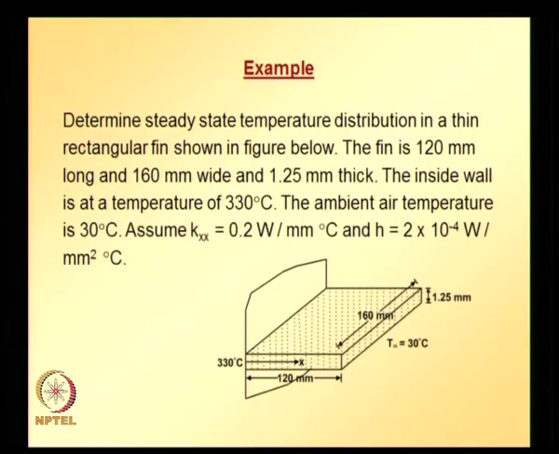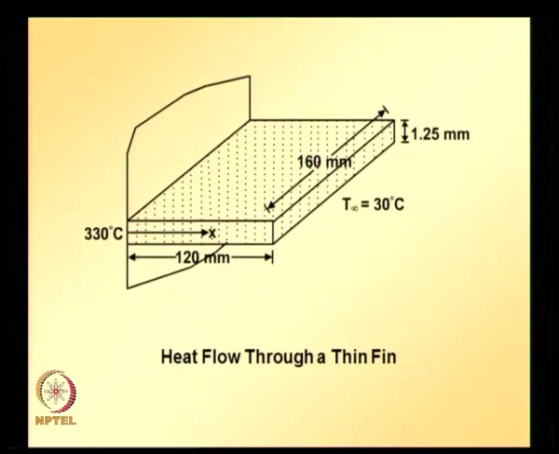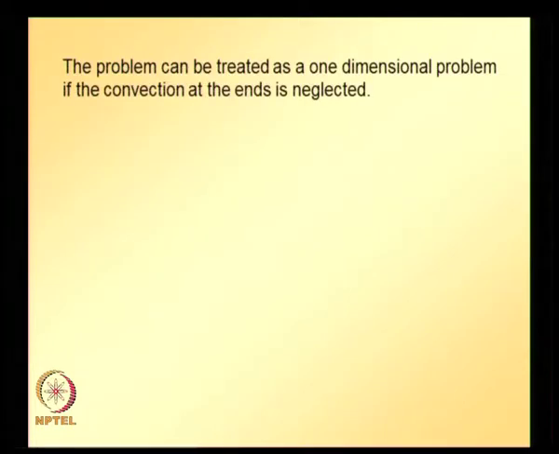So now we need to discretize this problem before we apply the element equations that we derived for the 2 node finite element. This is the figure showing the rectangular fin with all details.